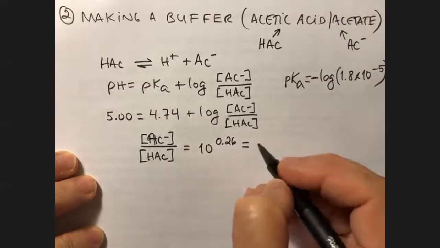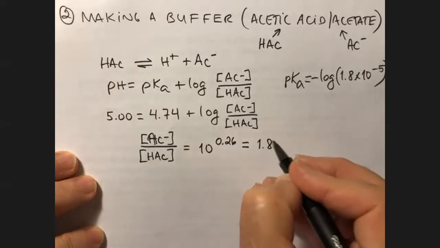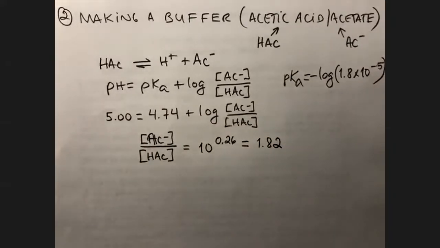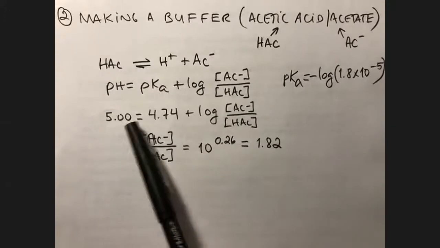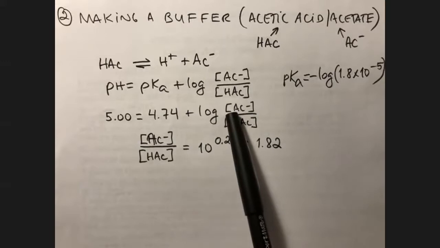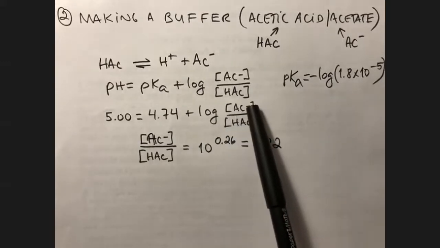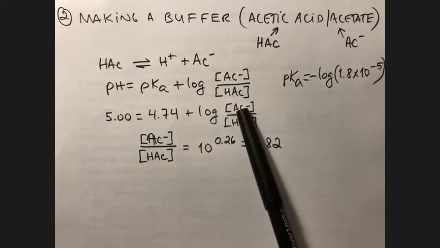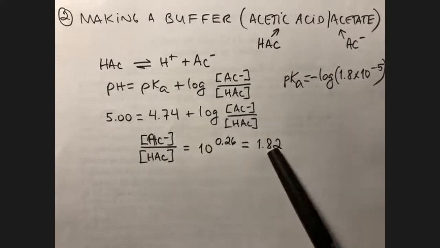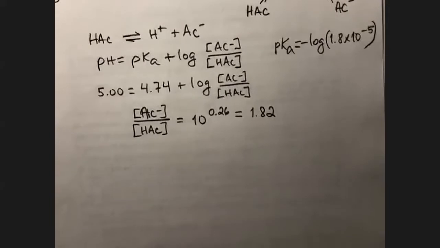Which is 1.82. Does that make sense? Well, yeah, because the pH is slightly more basic than the pKa. That means that this has to be a positive value, which means that that ratio has to be bigger than 1, and it is 1.82. All right?